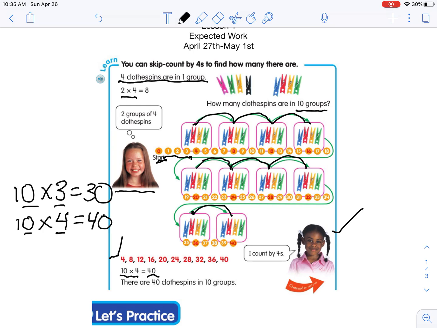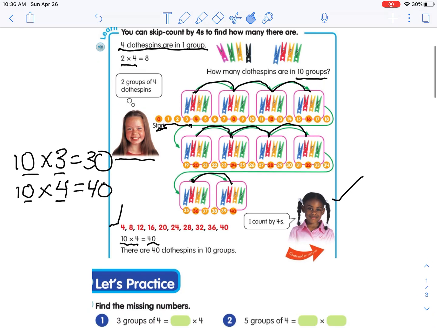If I take that 3 and I add that 0 behind it, I get 30. But it's important that you are able to still skip count by 4s because we're not going to be multiplying by 10s every time. It might be by 1 or 3 or 4 or 5. You need to be able to skip count by 4s. All right, nice work. Let's keep going.